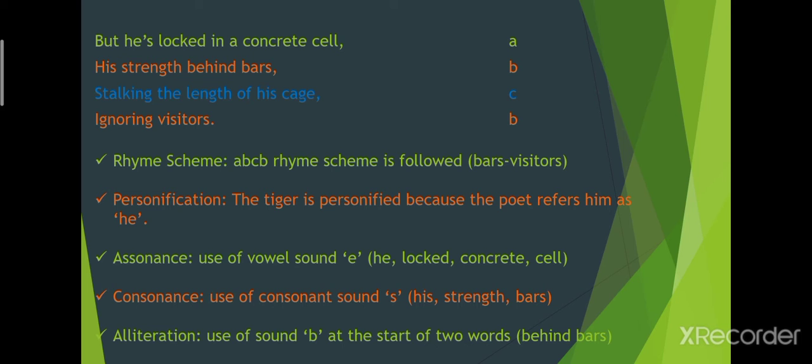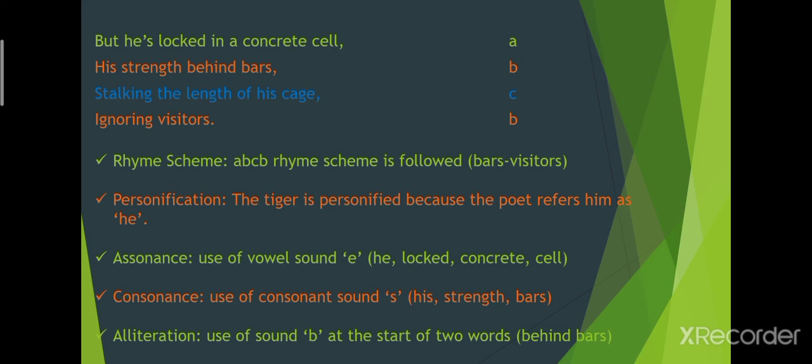If you check all these four words, they are just separated by two little words, in a. That means they are near to each other, and they are not in different lines. They are in the same line, and most of the words are next to each other, though they were separated with two small words. And all these words have a vowel sound E. So we call it assonance.